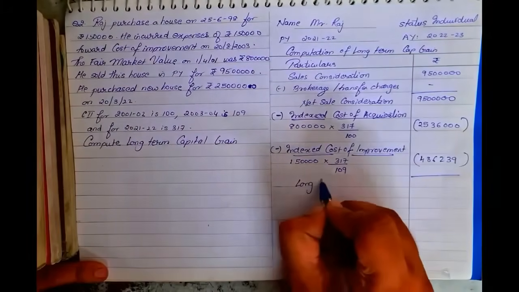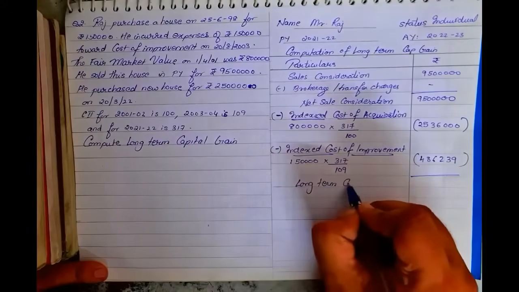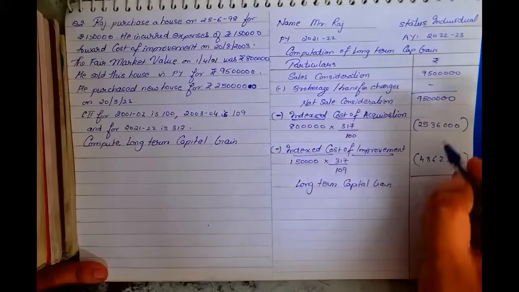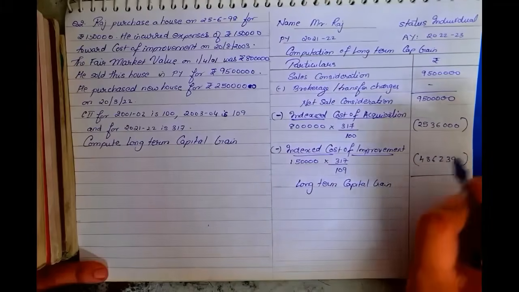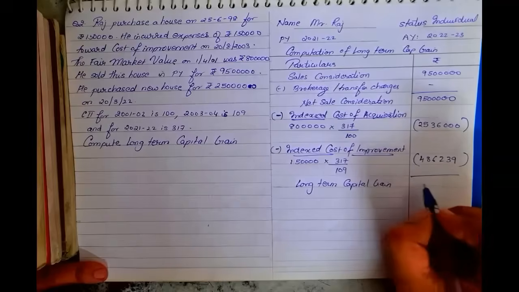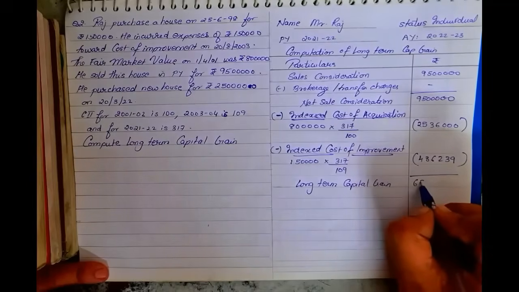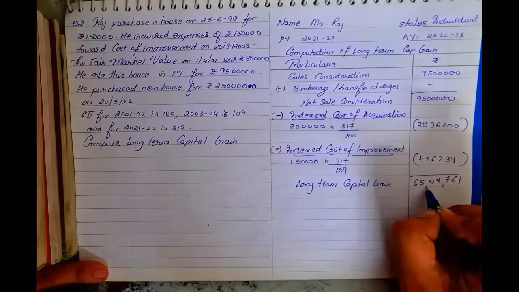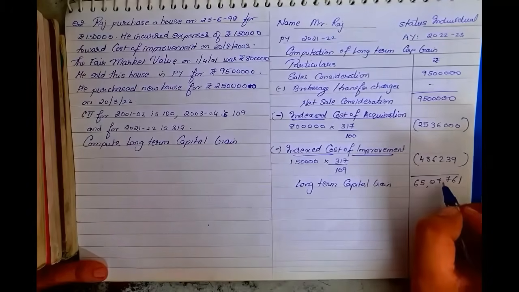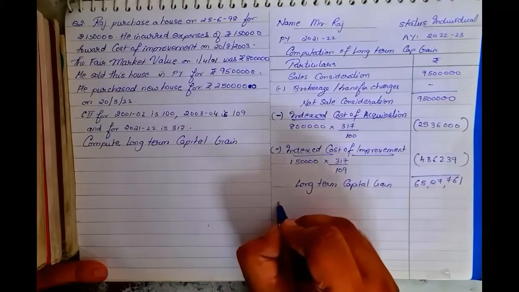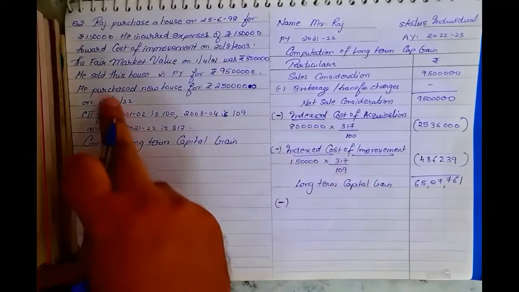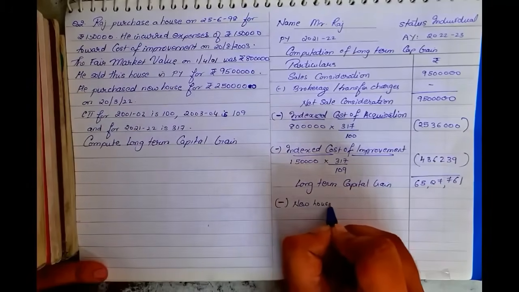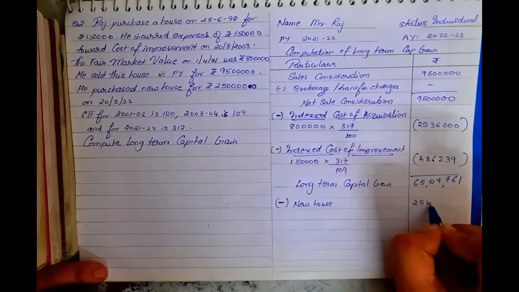Now there's only one improvement in this sum, so now we'll subtract from our net sale, and the value that we get is our long-term capital gain. So 95 lakh minus both these values will come up to 65,27,761. From there, less any new purchase or investment. So we have purchased a new house, so less new house, which was 25 lakh.